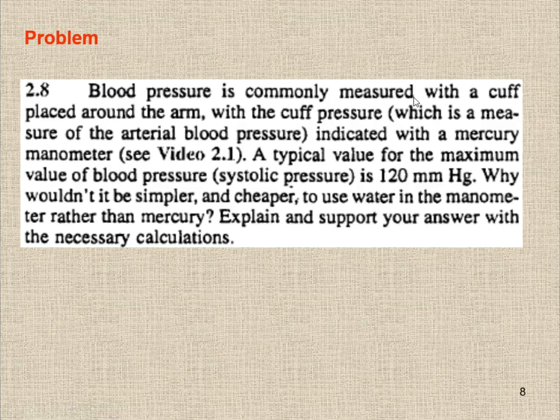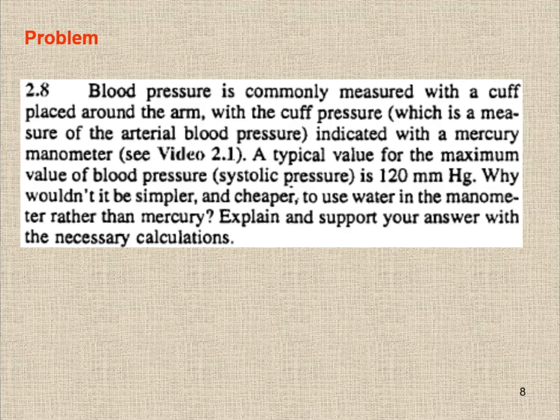A typical value for the maximum blood pressure, the systolic pressure, is 120 millimeter Hg. That is what we call the high pressure, and for the low pressure we normally observe 90 or 80 millimeter Hg. For the higher side, 120 millimeter Hg is the comfortable pressure for a human body.